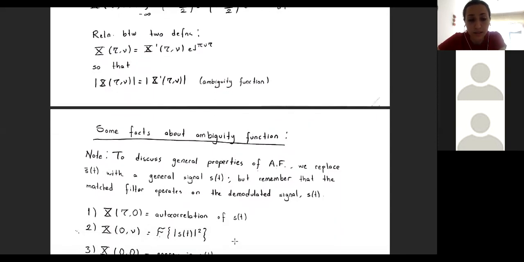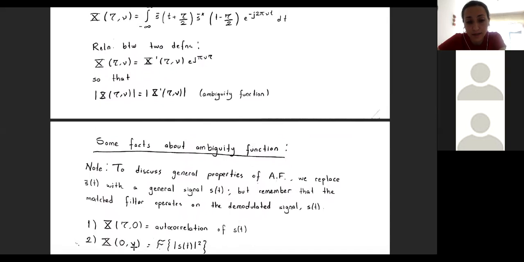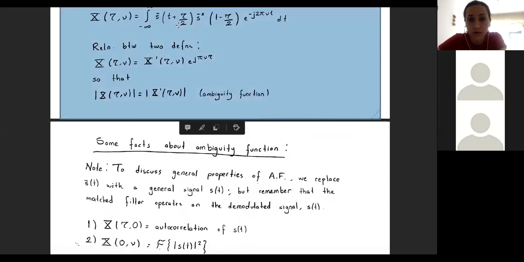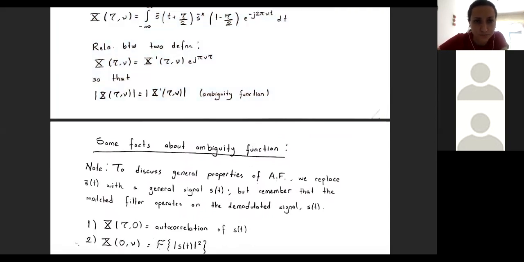If you look at the slice along v, by letting tau equal 0, we're going to get rid of this tau term. What you're going to end up with will be a Fourier transform expression.